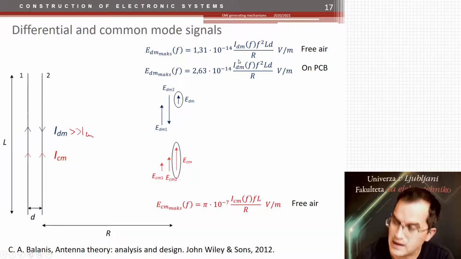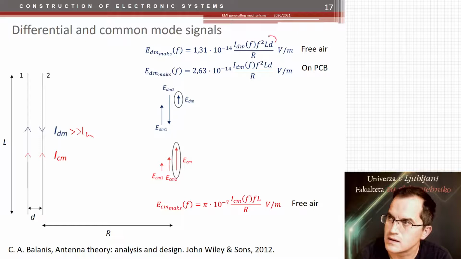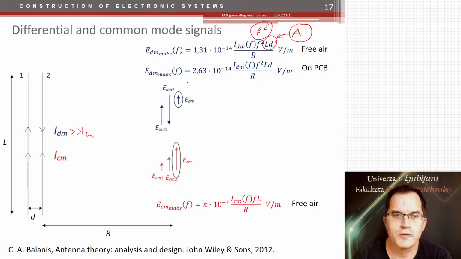So length times distance actually means what? Means loop area. This is loop area. This is the distance from the tracks, and we have frequency squared. So frequency squared and loop area.